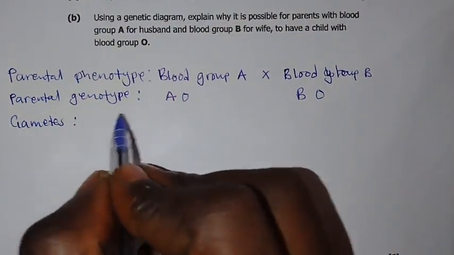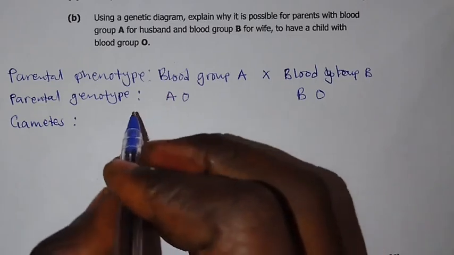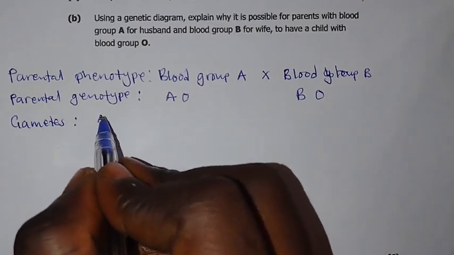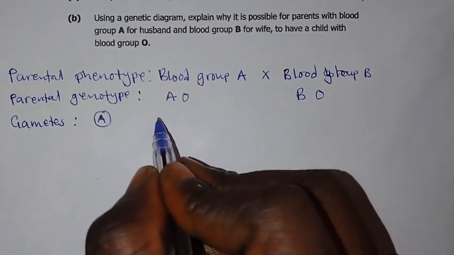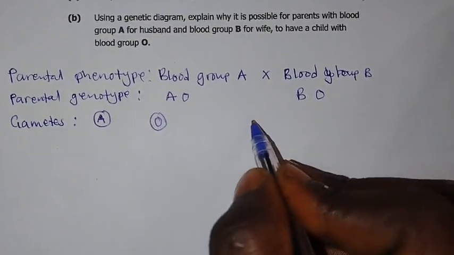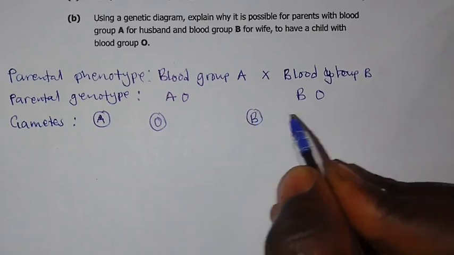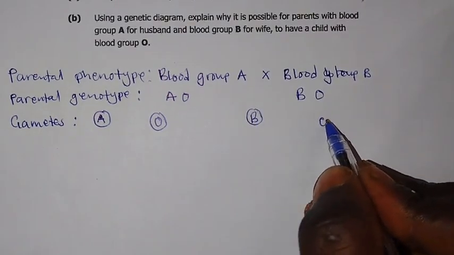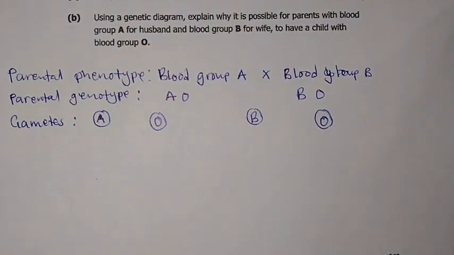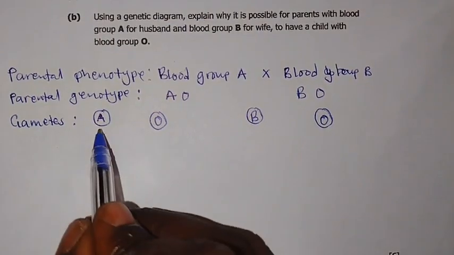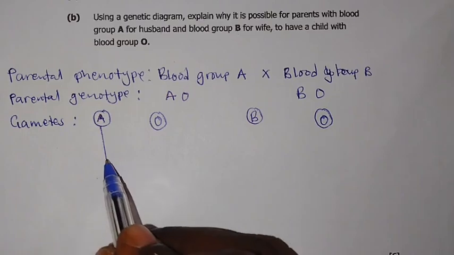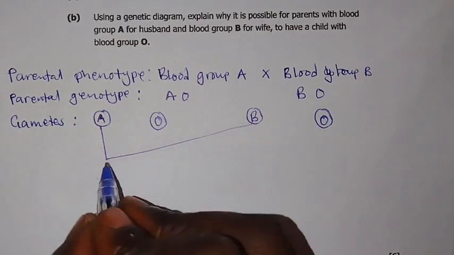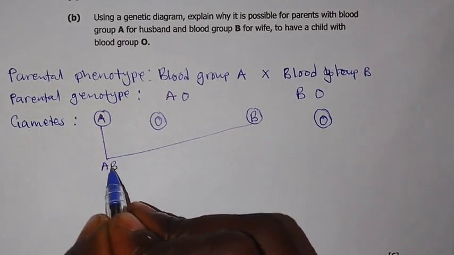So here we are just going to separate these genotypes. Write A here, we can even circle, even write O here. Again, we can write B here, can even circle, then we can write O here, then we can circle like this. Then from here, we are going to cross. So A will be crossed with B. We are going to have AB.